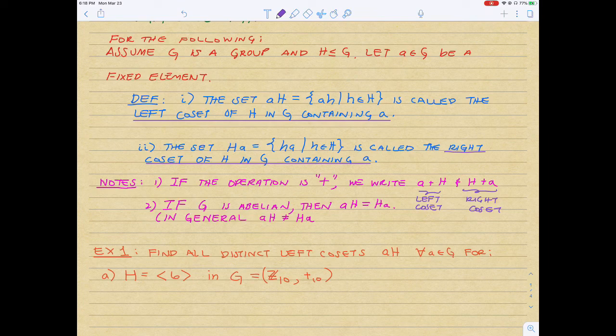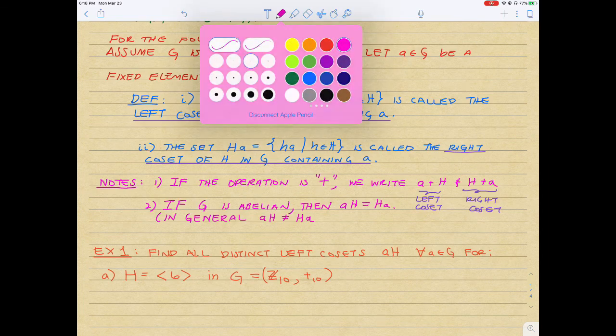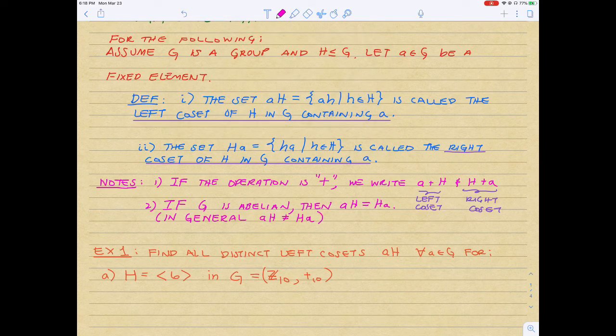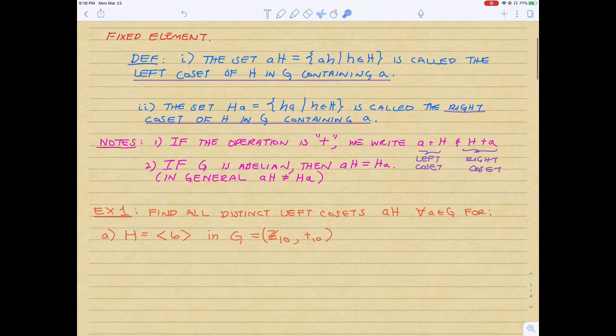Number two, if G is abelian, then aH, the left coset, equals the right coset. In general, however, we won't necessarily have that property, but if it does hold, then once you find all the left cosets, you've found all the right cosets because they're equal.